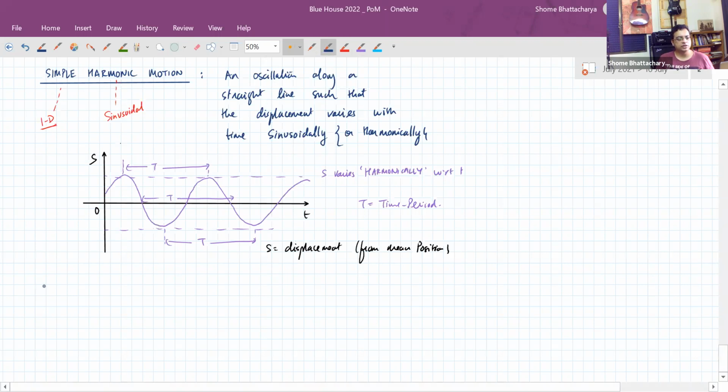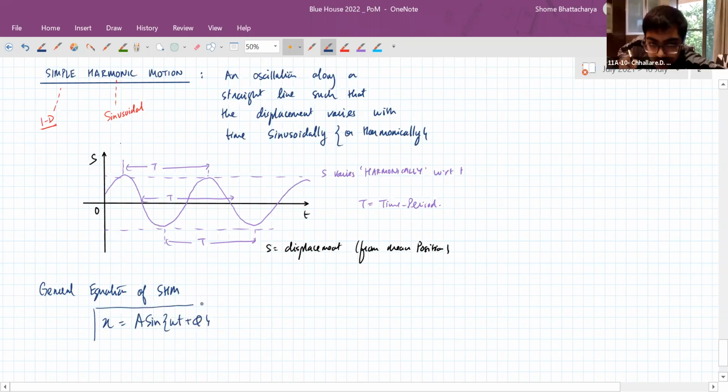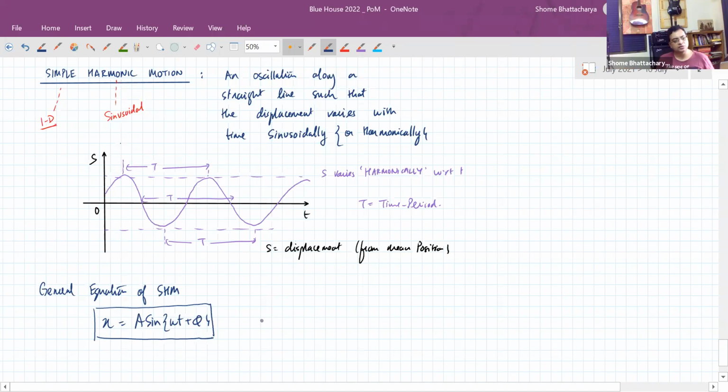So the general equation of SHM is like this, that X or S or whatever. Here I've just changed the variable from S to X, but it doesn't matter, you can keep it S also. X is the displacement from mean position.